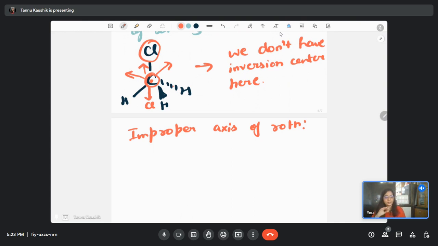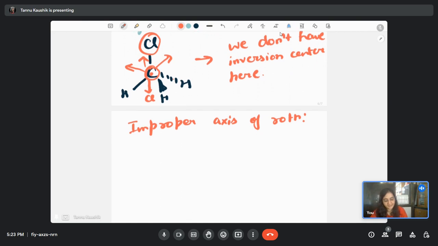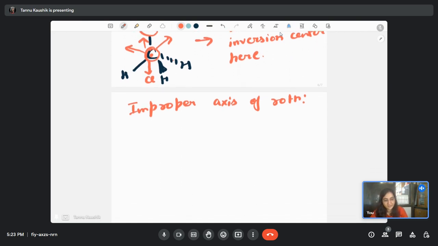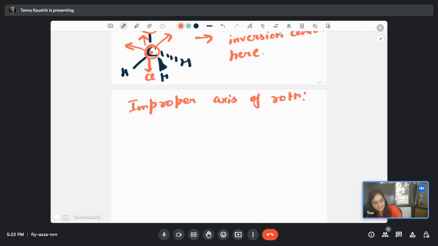For it, you have to first do a rotation around the principal axis, which is C3 here, and then do a reflection along the plane perpendicular to the principal axis. Here we will not get the equivalent configuration for this C3 followed by sigma H plane. Therefore, we don't have an improper axis of rotation here.